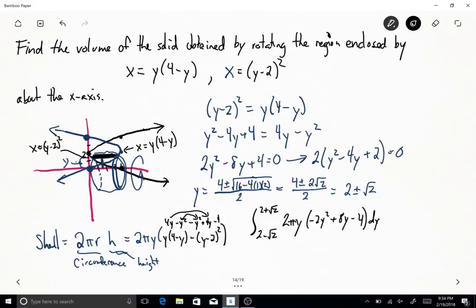Okay, so multiplying that on through, let's see if we can solve this within a reasonable distance. 2 minus square root of 2, 2 plus square root of 2. I'll pull the pi out.